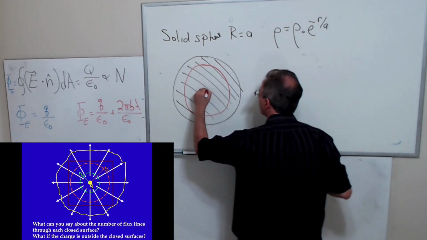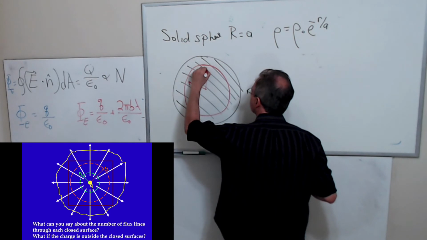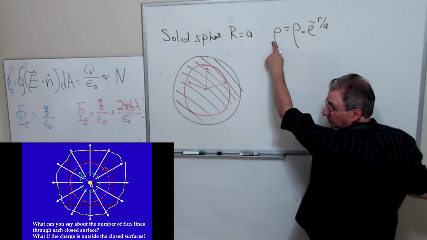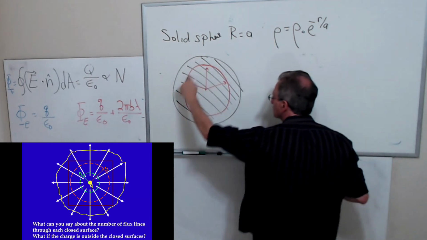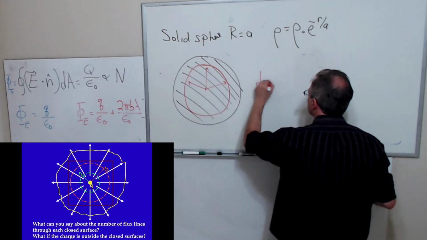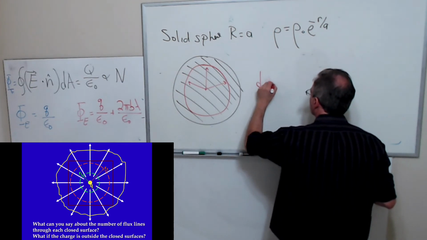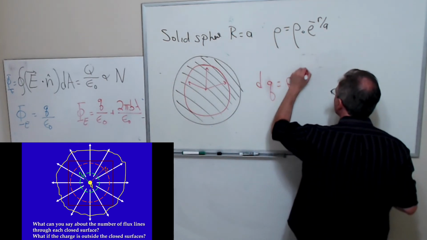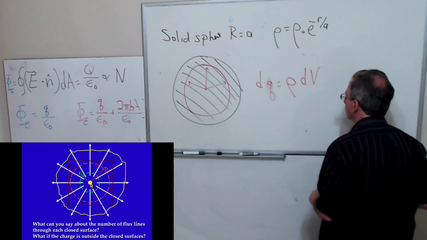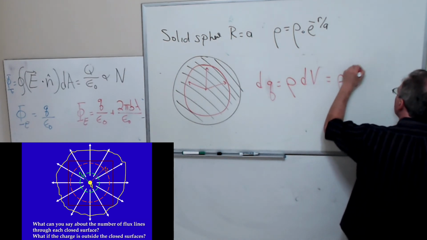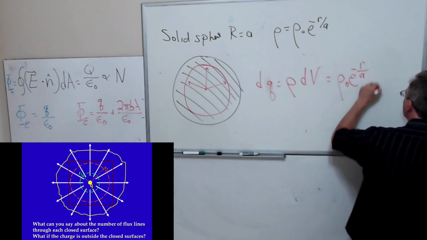Then, everywhere along this surface, this number is going to be the same. Anywhere along the surface, this number is going to be the same. And so the amount of charge I have anywhere along this is going to be rho times my element of volume. So that's going to be rho naught e to the minus r over a times my dV.